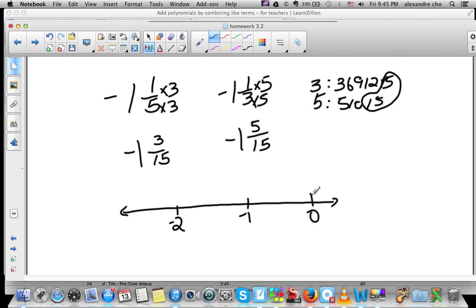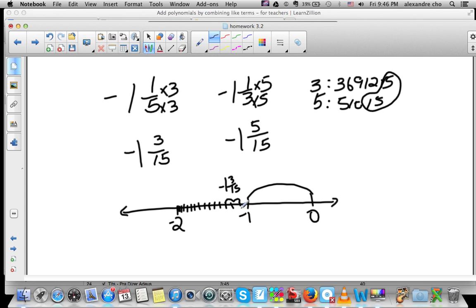We know we are going to the left, so we know we went 1. On the second part, pretend you cut that into 15 parts: 1, 2, 3, 4, 5, 6, 7, 8, 9, 10, 11, 12, 13, 14, 15. So negative 1, and you're taking 1, 2, 3. So this is negative 1 and 3/15.